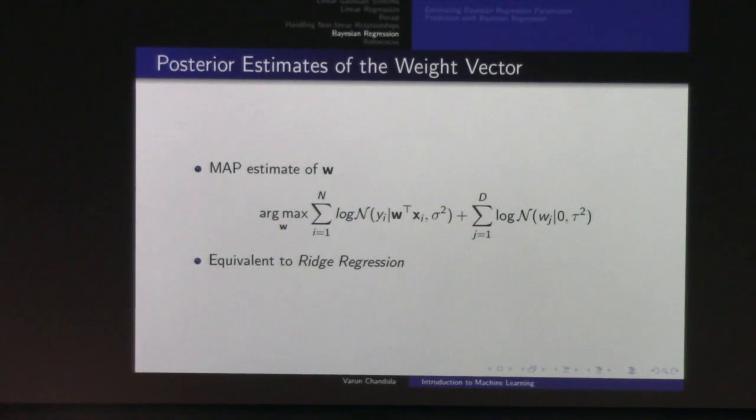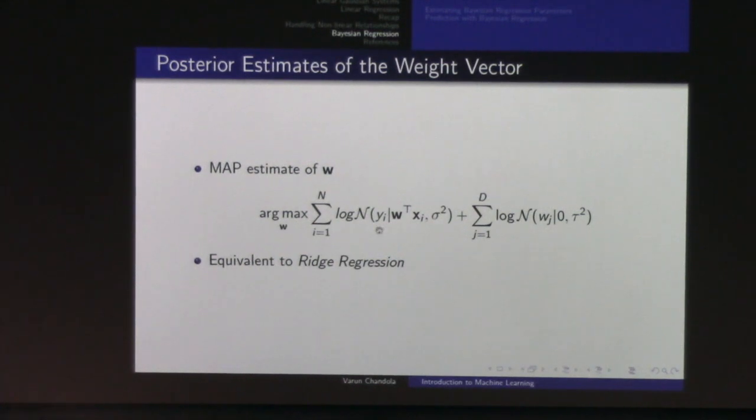Because what this prior is saying is that each W needs to be centered at mean 0 with some variance. So the solution is trying to bias it towards 0, while this part is trying to bias it towards whatever maximizes the likelihood.